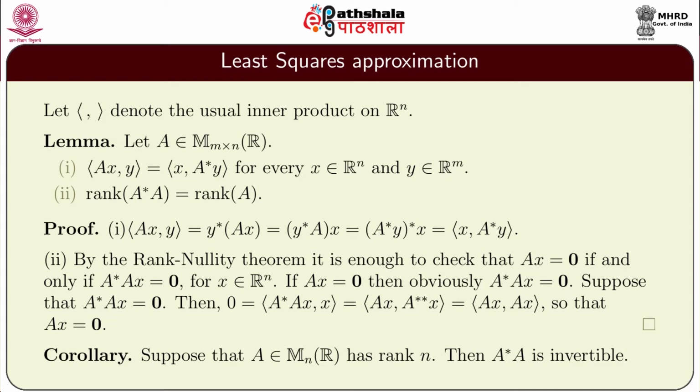Now, suppose that A star Ax is 0, then this inner product of A star Ax comma x is 0, but that is inner product Ax comma A double star x, but that is inner product Ax comma Ax. Therefore, Ax is 0. And the corollary is that if A has rank n, then A star A is invertible.